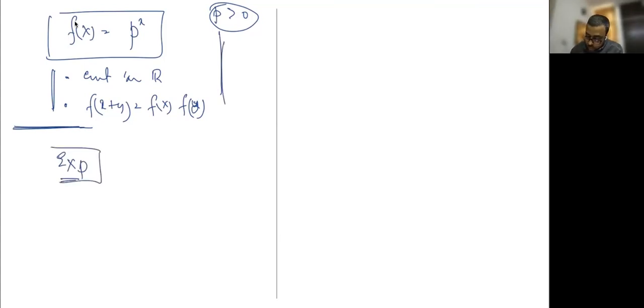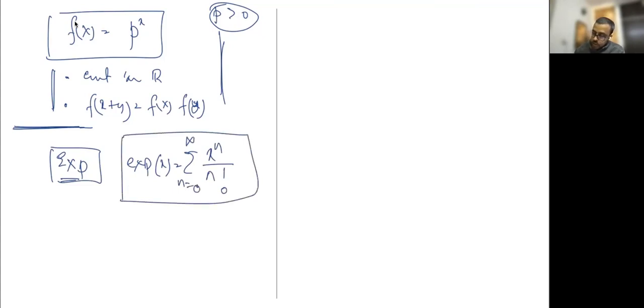So let's go back to the exponential function once more. So exponential x was defined as the sum of this series. Now, what are the properties that we have seen so far of this exponential function?